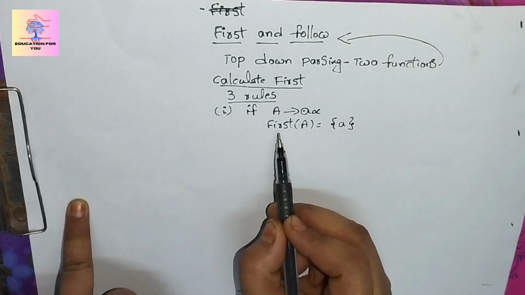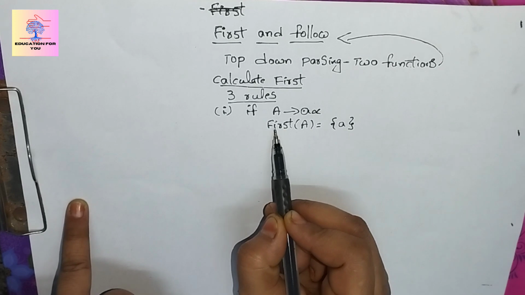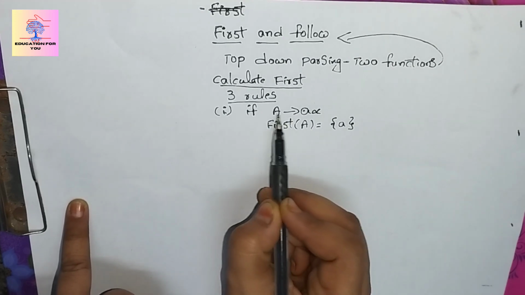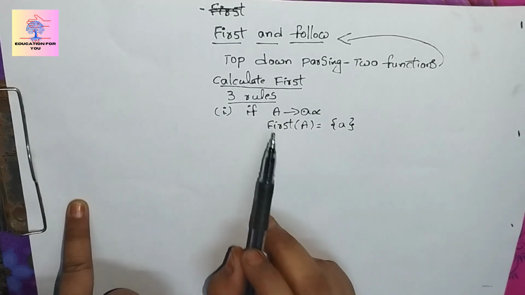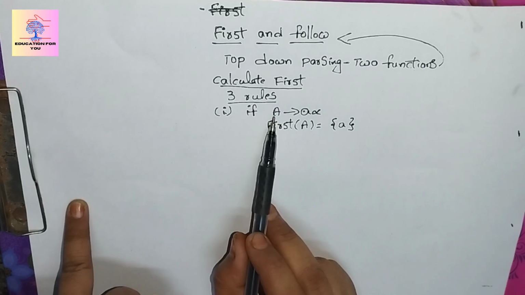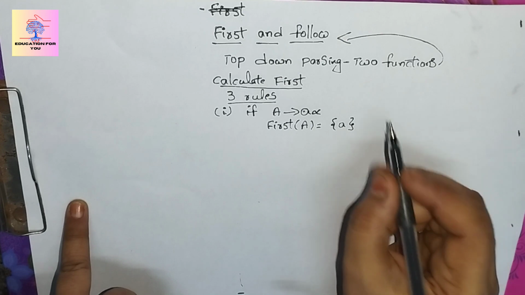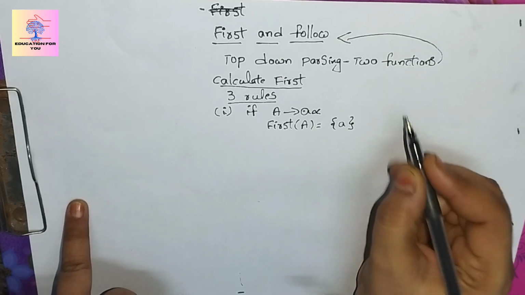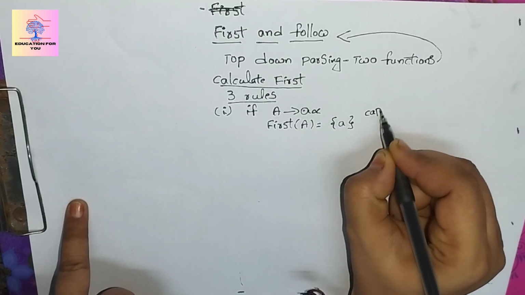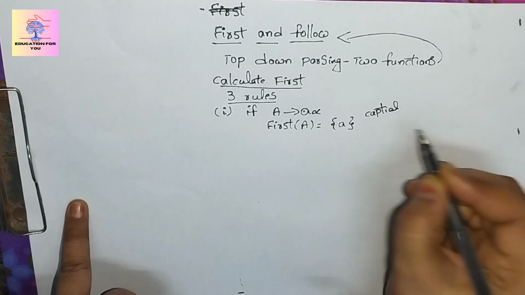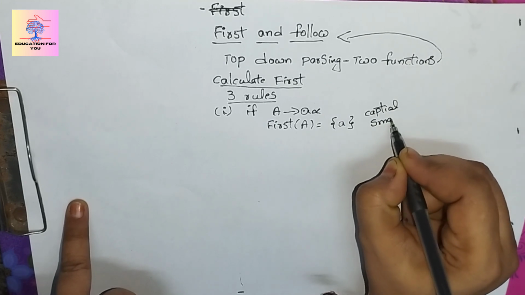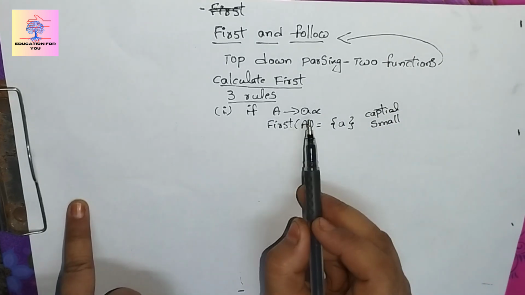Always you are calculating first for left side non-terminals. What is the left side non-terminal here? Capital A. Non-terminals are represented by capital letters, and terminals are represented by small letters. What is the terminal here?